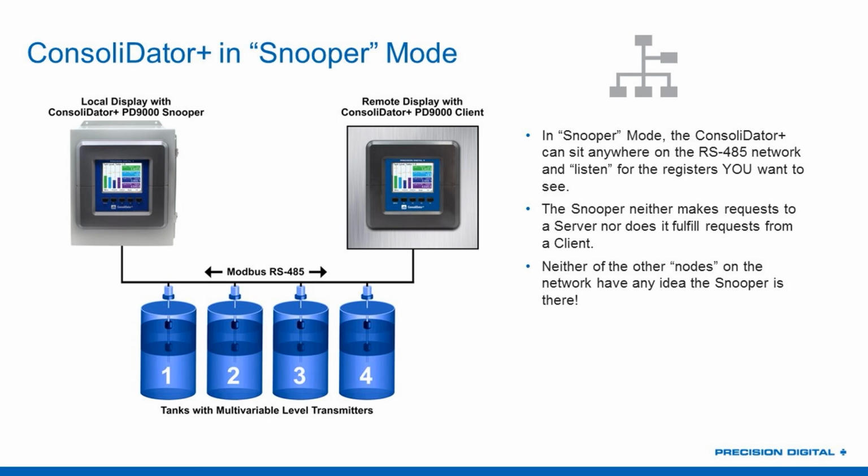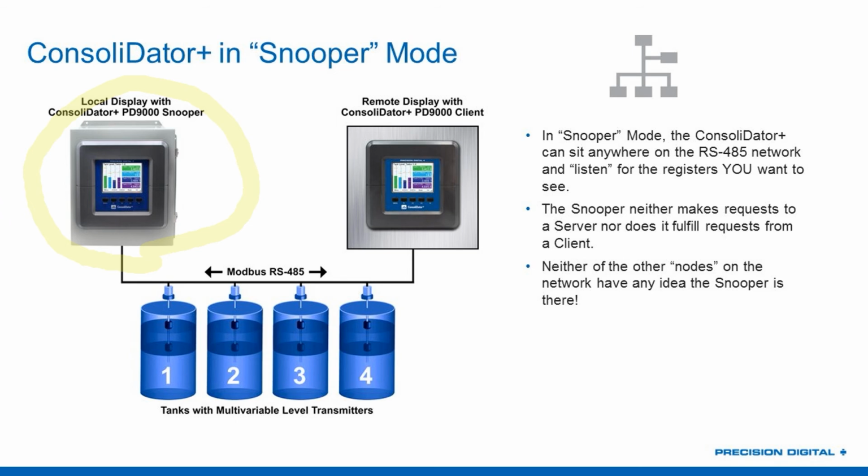So in a normal setup, this device here is making requests and asking for information from each of these. And that's basically what happens. This snooper is sitting over here, just listening to this conversation. For example, let's say you have a client requesting information from these level sensors.